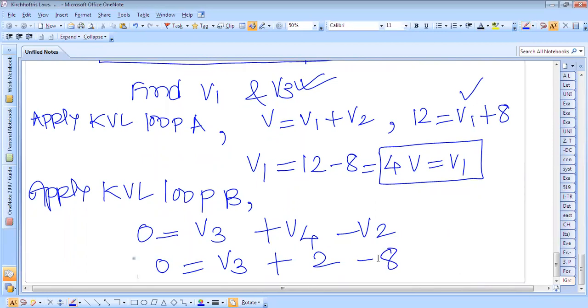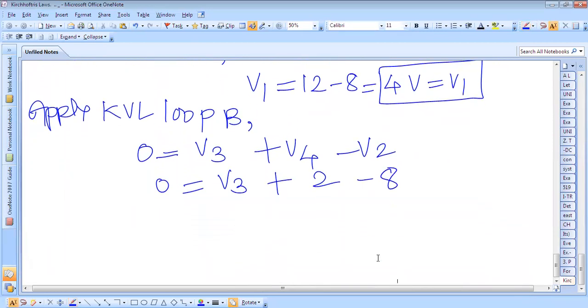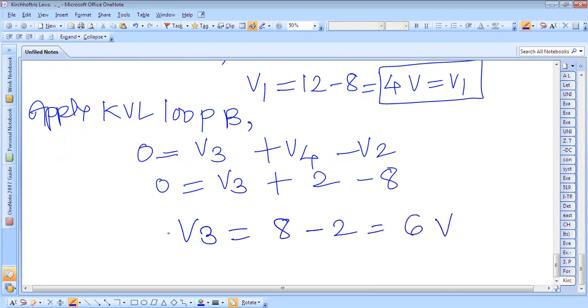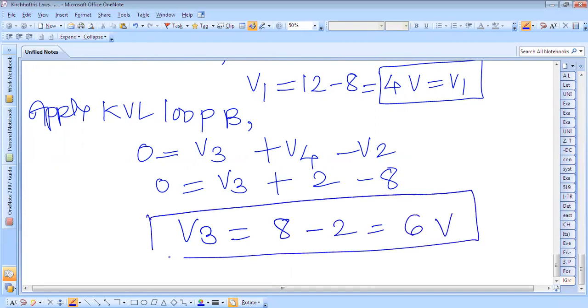So V3 is equal to 8 minus 2, which is equal to 6 volt. In this way we can find the voltages V1 and V3 by applying Kirchhoff's voltage law. Let us consider one more example now.